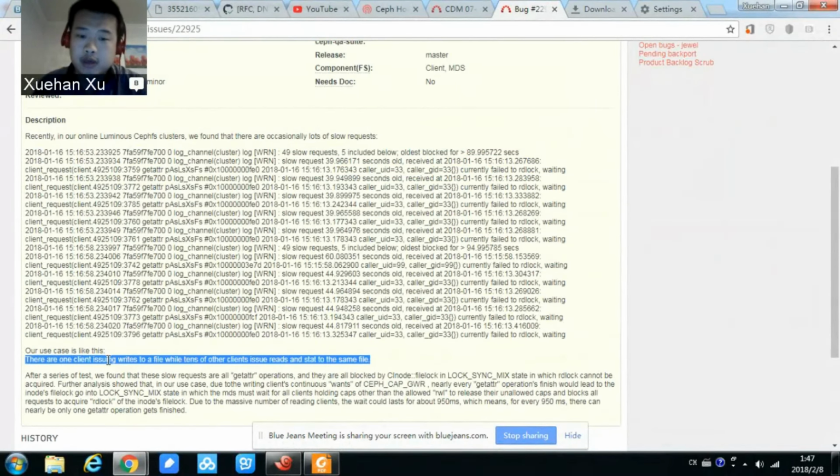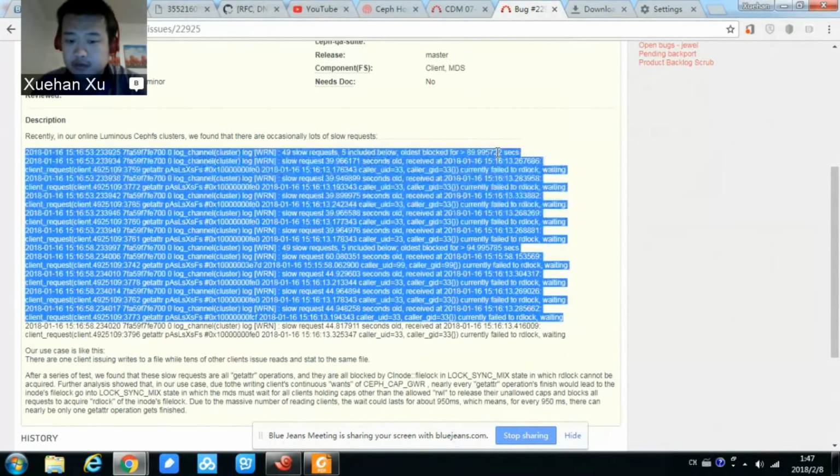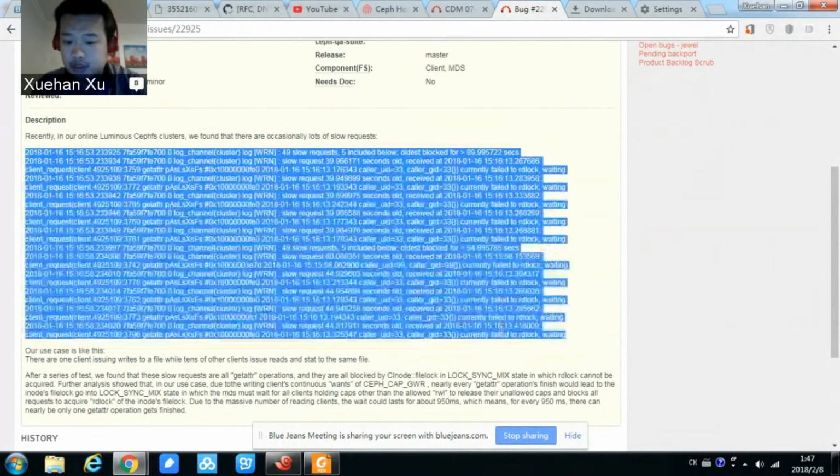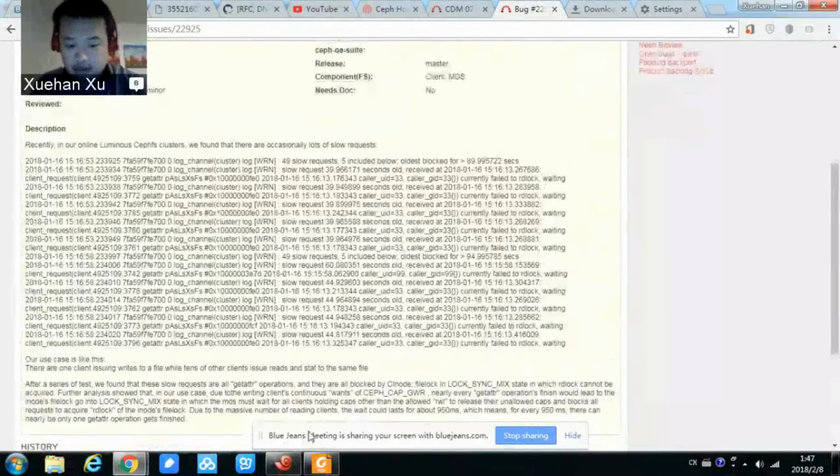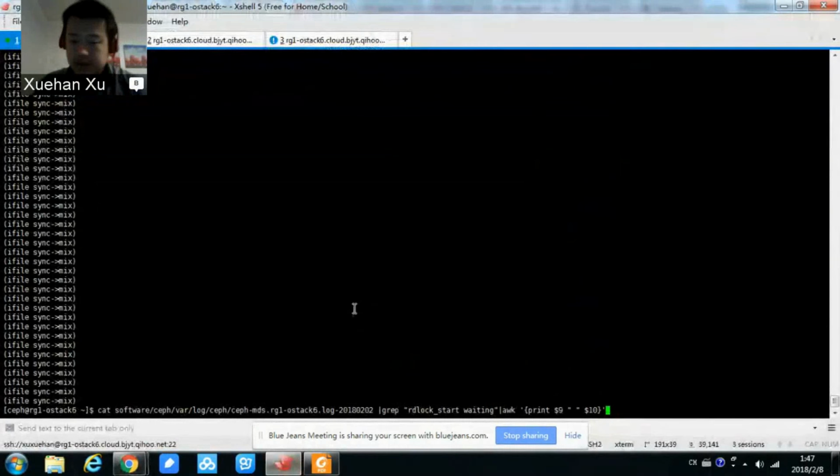We have one writing client that keeps copying files into a directory, and tens of other clients issue reads and stat operations to those files. After we discovered these slow requests, we did some testing and analysis, and the results show the following.